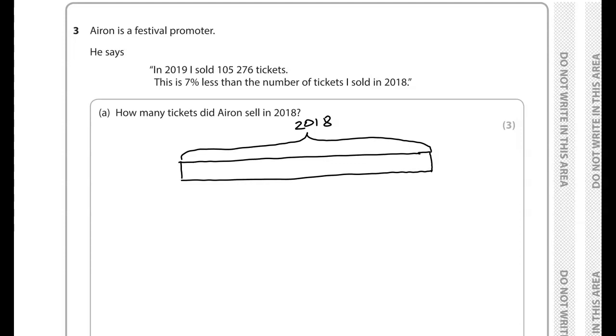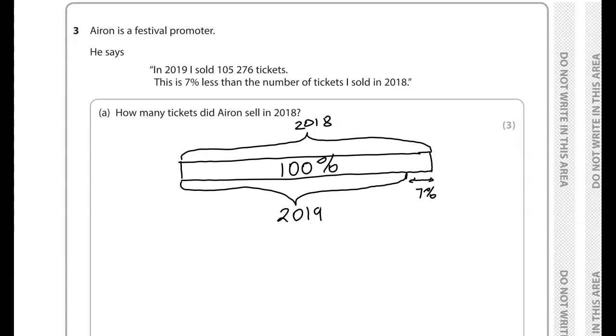So that was equal to 100%. In 2019, this was 7% less. So if we mark this area being equal to the number of tickets in 2019, this is not going to be now 100%, but it will be 93%. So there is a gap here of 7%.